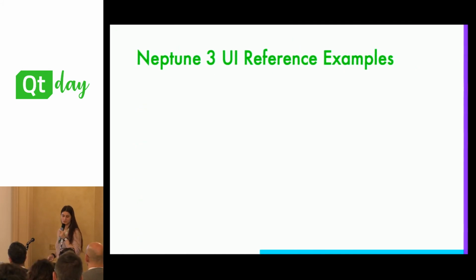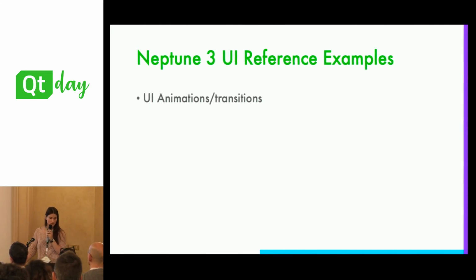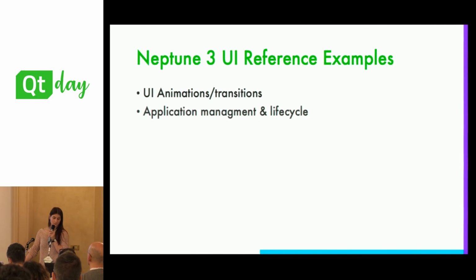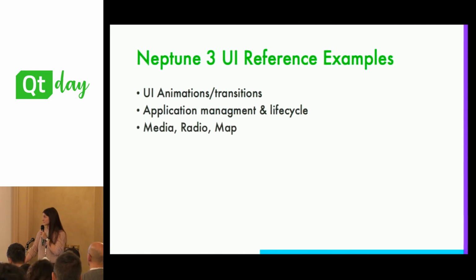Right, so in just a few words, what are the examples that Neptune brings? We can see examples for UI animations and transitions, which are very important in a multi-process environment, which is not the same as in single process. Also for application management and lifecycle. As we saw, we have fully functional media and map applications.